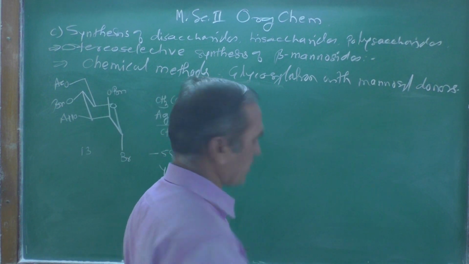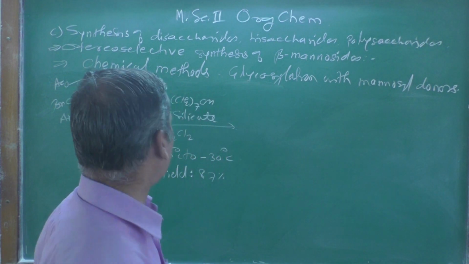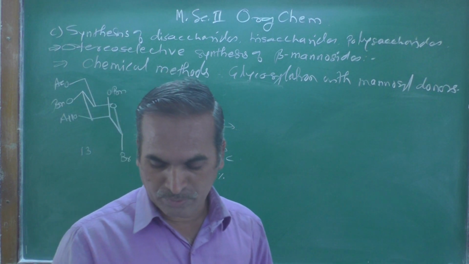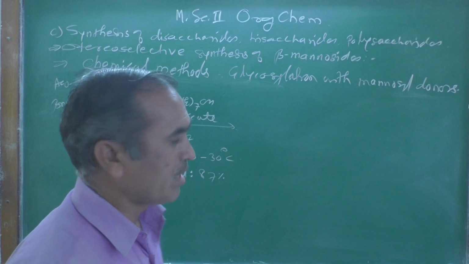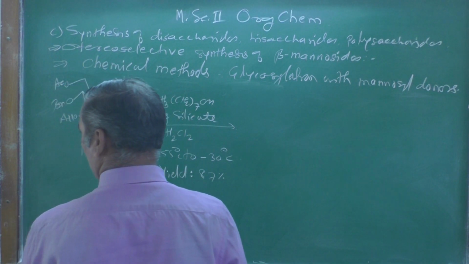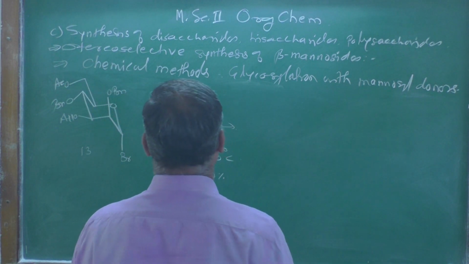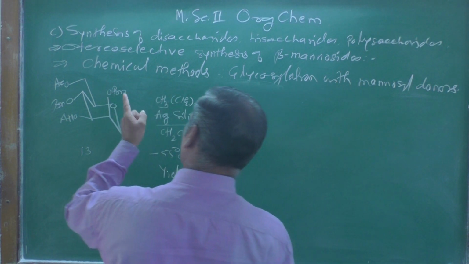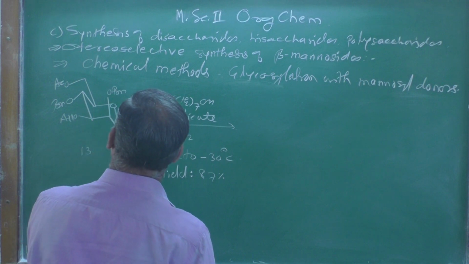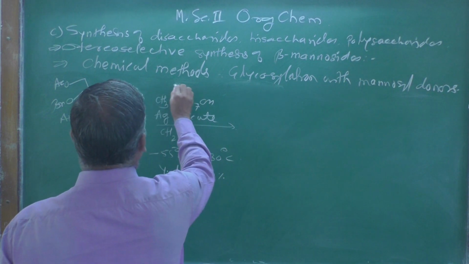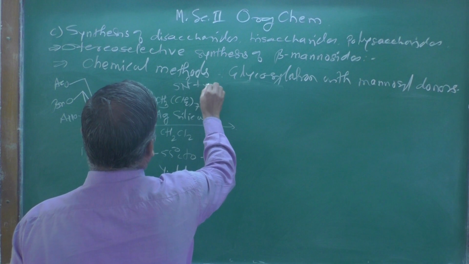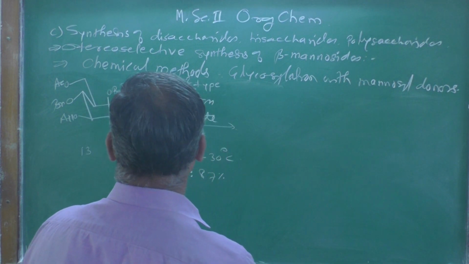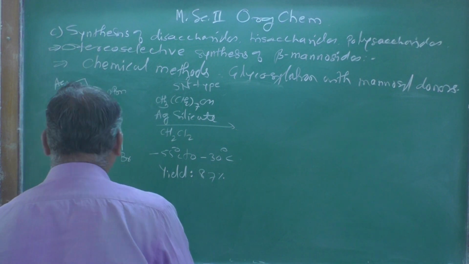In the resulting compound, the alcoholic group over here, when the product is formed, stays at the equatorial position, and the reaction takes place according to the SN2 type of reaction. As we know, SN2 type reaction is a concerted reaction.